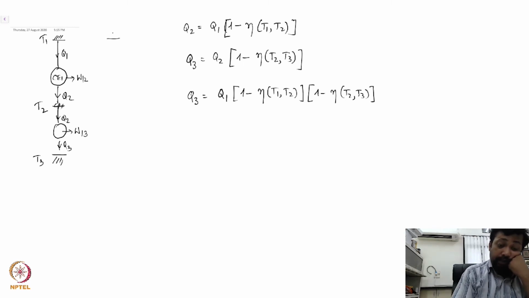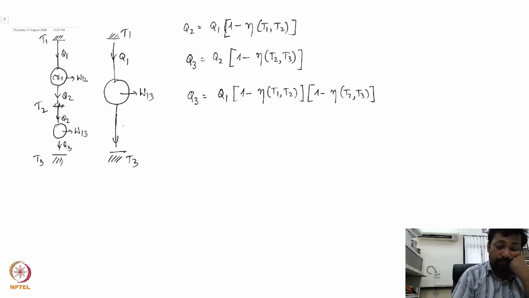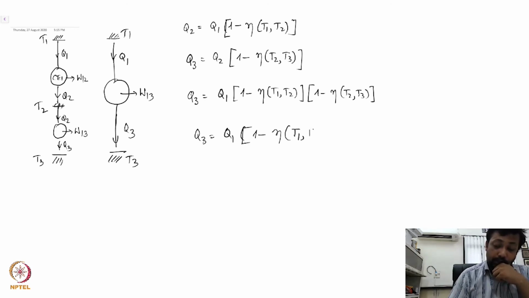But now the combined engine does something like this. And Q3 is clearly Q1 times 1 minus eta T1,T3.